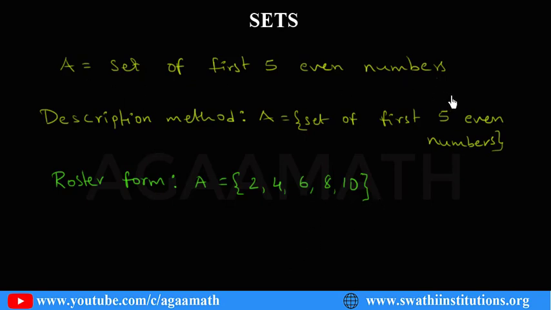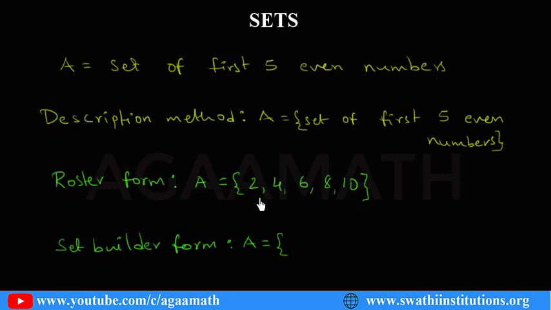If the same I would like to represent in the set builder form, right? Set builder form. So set builder form, that is A equals to, if you observe these numbers, whenever we would like to write into the set builder form, you should see what the numbers are and how they are formed.